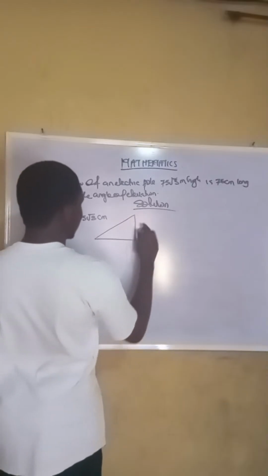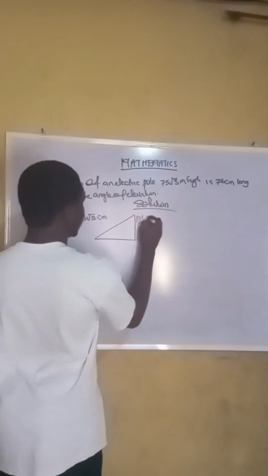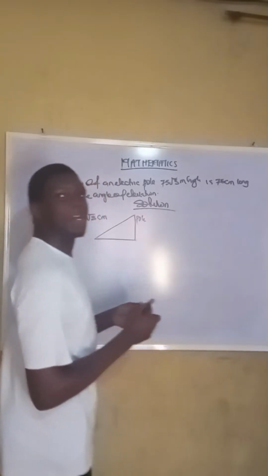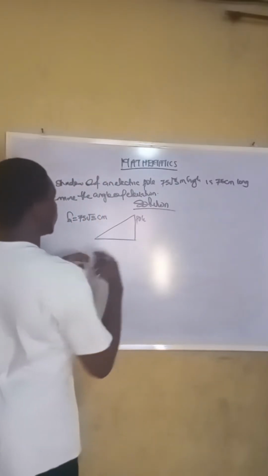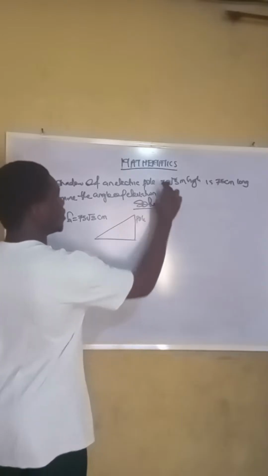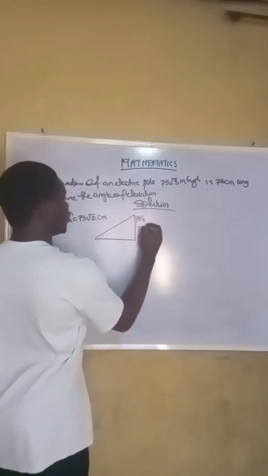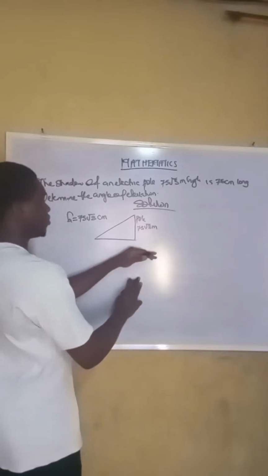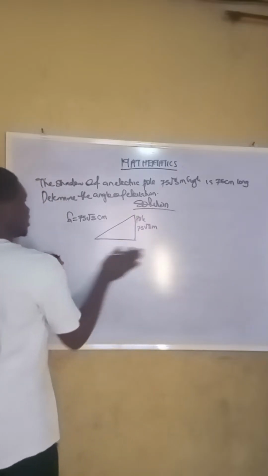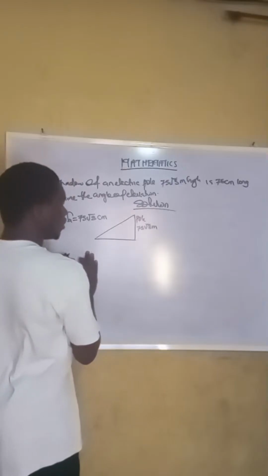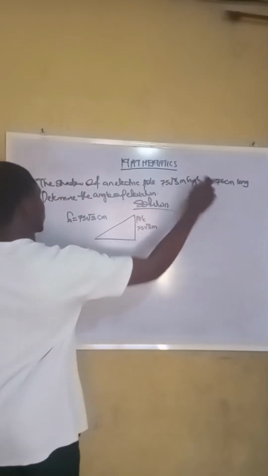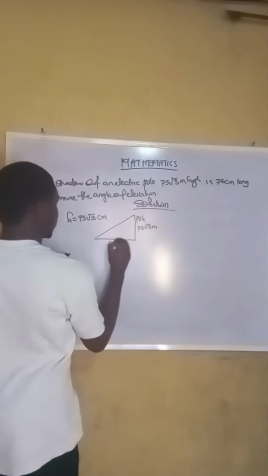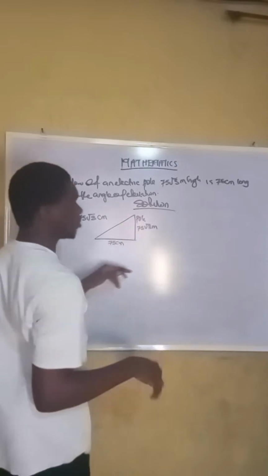This is the electric pole. We have the electric pole to be 75 root 3 high. This is the shadow. We have the shadow to be 75 centimeters long.